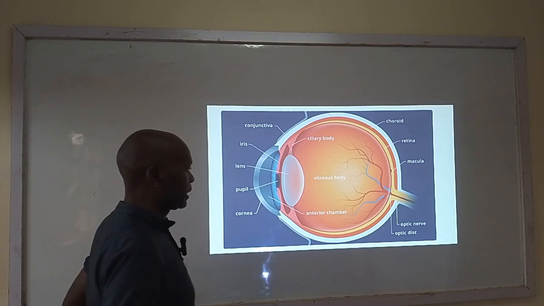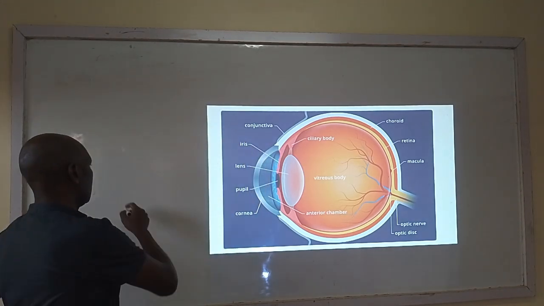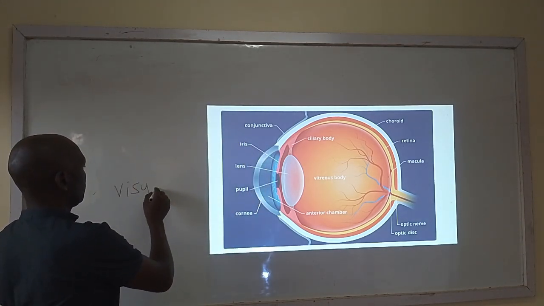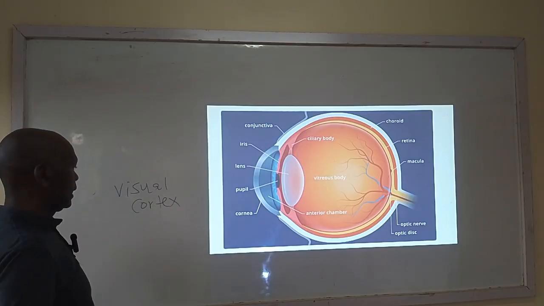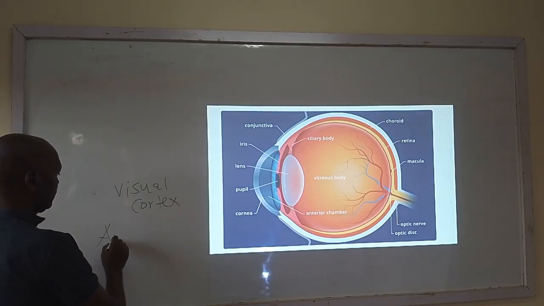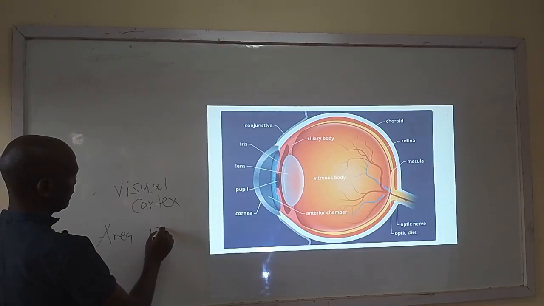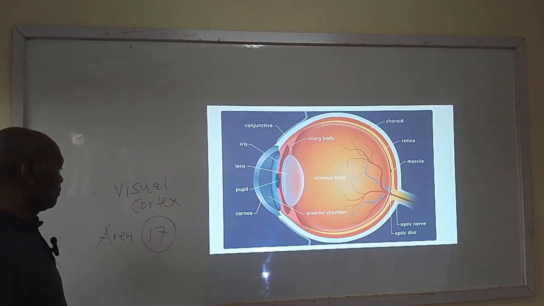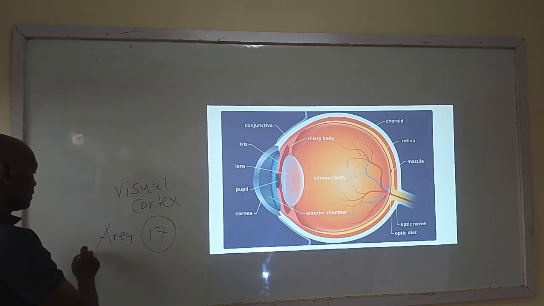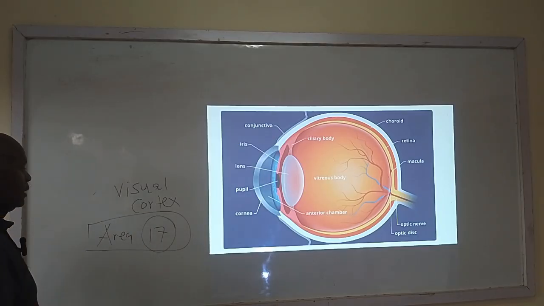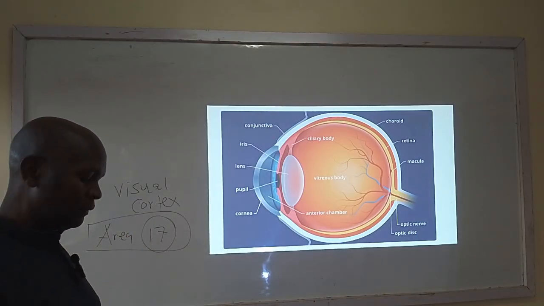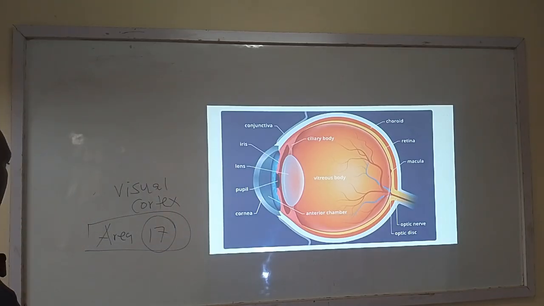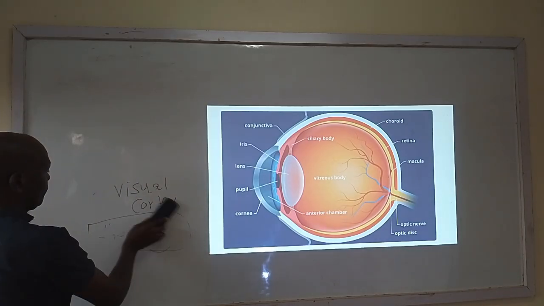To the brain, particularly the visual cortex, particularly at area 17. The other time when we were looking at Brodmann's classification of the brain, remember we mentioned that the primary visual cortex is particularly at area 17.